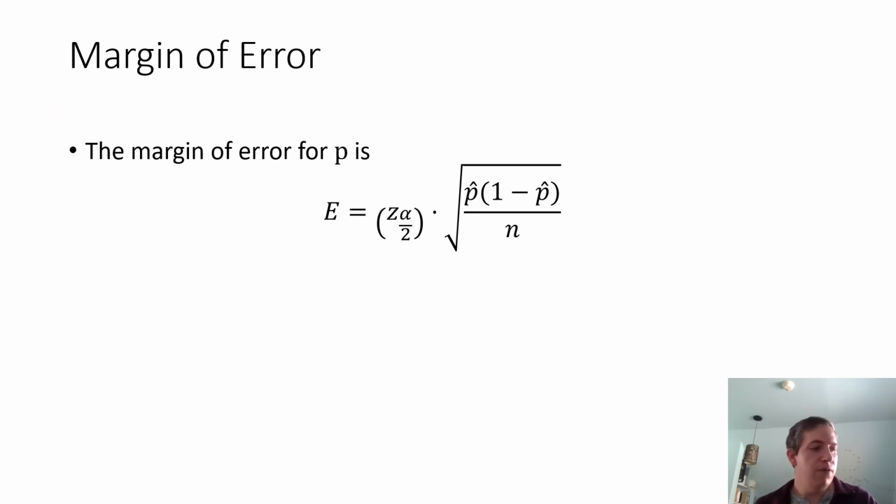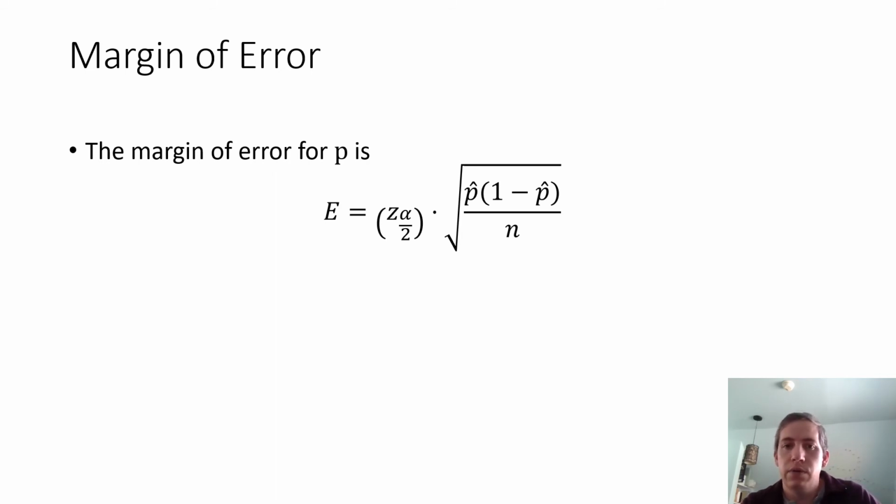That game gets played for every single possible distribution of sample mean, sample proportion, sample differences. So the margin of error for a sample proportion looks remarkably familiar because the central limit theorem tells us that the standard deviation is, well, it's the square root of p times 1 minus p over n. Now here we use p hat because the idea is that we're going to get a population proportion by using the estimate from our sample proportion.